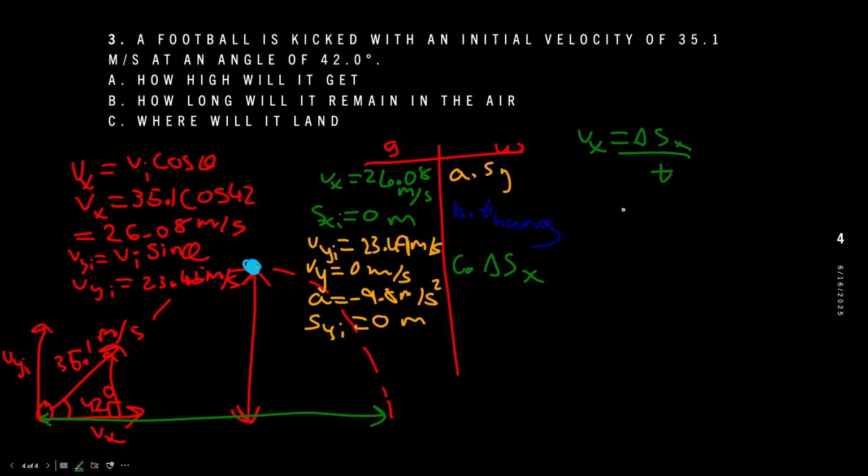And then for this problem, we'll be using hang time because it needs to get from the starting position all the way to the ending position. So Vx equals 26.08 meters per second. Then delta Sx over the time, which was 4.8 seconds. Then delta Sx equals 125 meters.